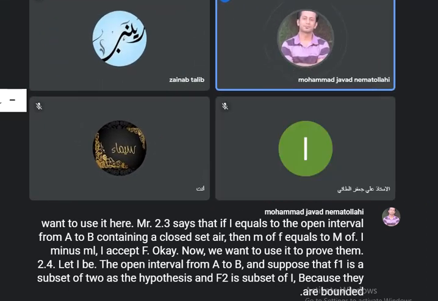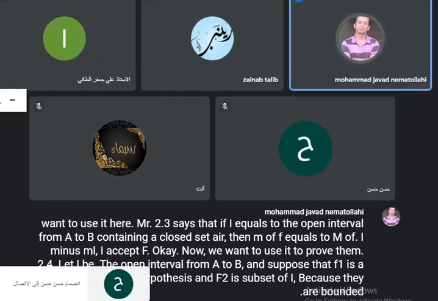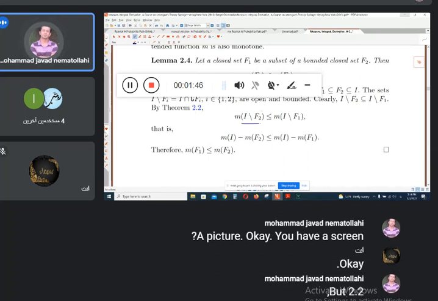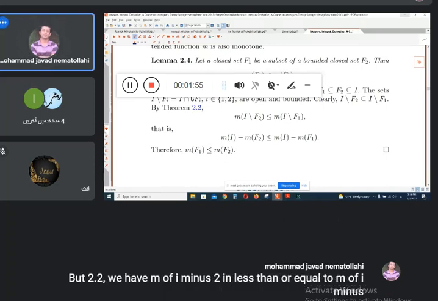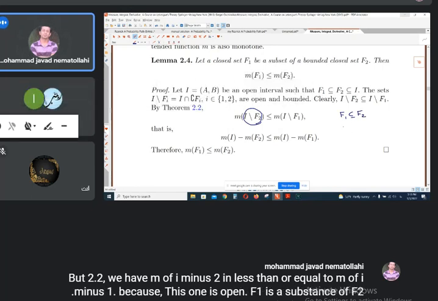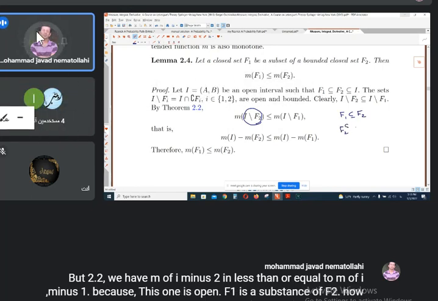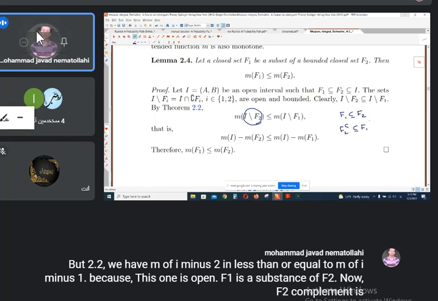By Lemma 2.2, we have m of I minus F2 is less than or equal to m of I minus F1, because this one is open. F1 is a subset of F2. Now F2 complement is a subset of F1 complement.